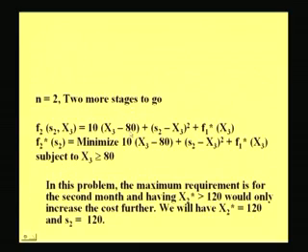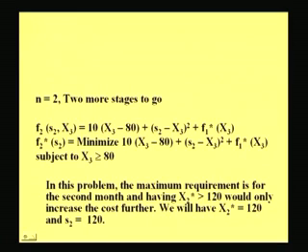So, we have 10 times x3 minus 80 plus S2 minus x3 the whole square represents the changeover. So, there is an S2 available at the beginning, x3 is employed. So, S2 minus x3 the whole square represents the changeover plus F1 star of x3. F1 star of x3 comes in because the number that we employ this month, x3, is now available at the beginning of the next month as S1.